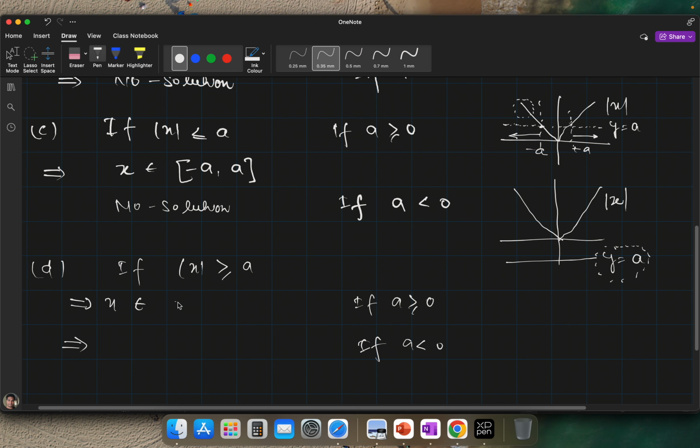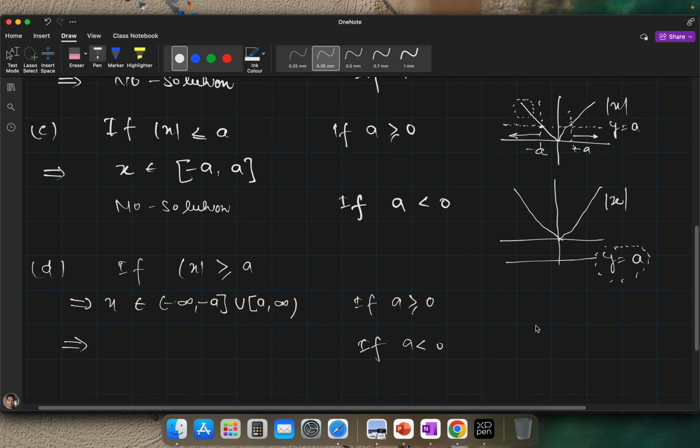So the solution set will be minus infinity to minus a union a to infinity. A to infinity means whatever the x after this, and minus infinity to minus a means whatever the x below this. So that's why this is the solution.